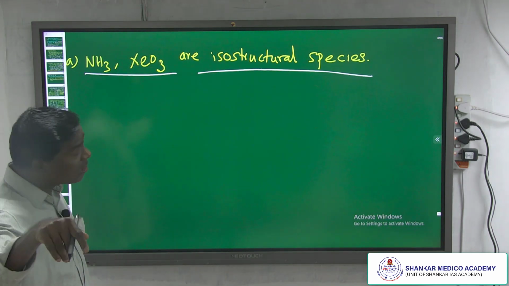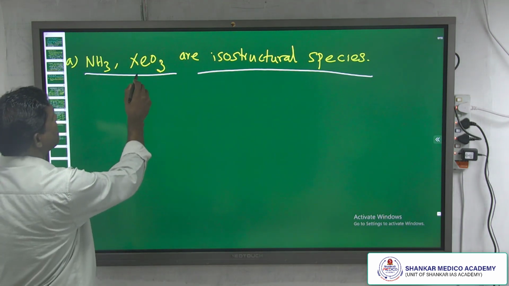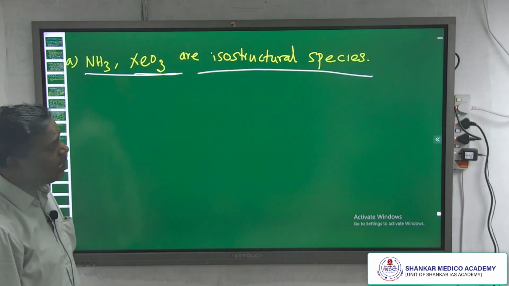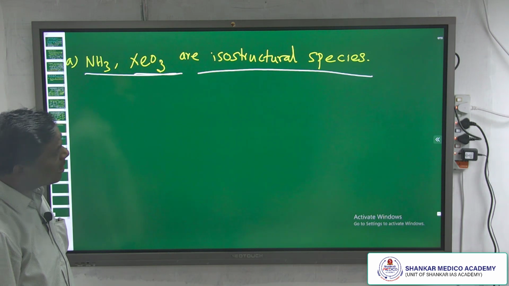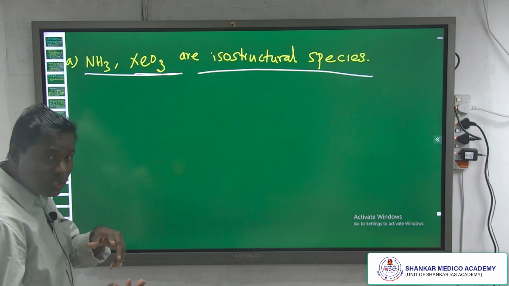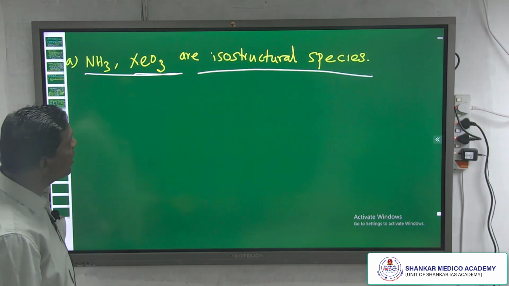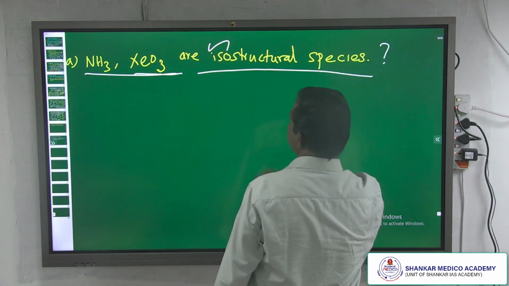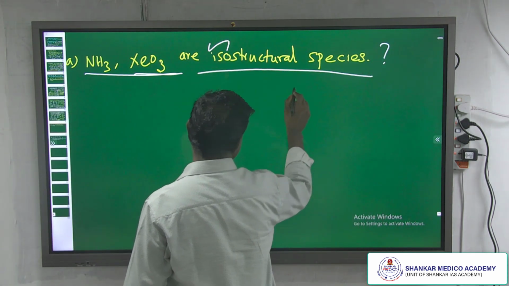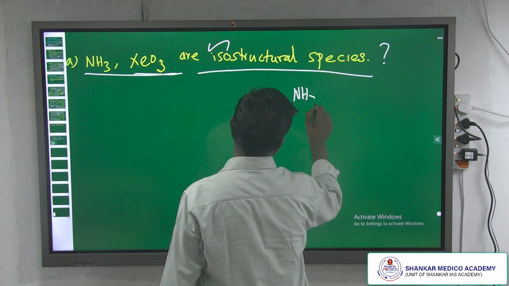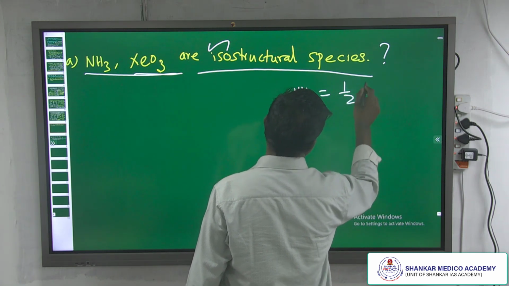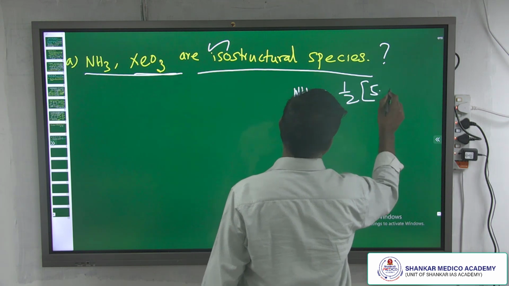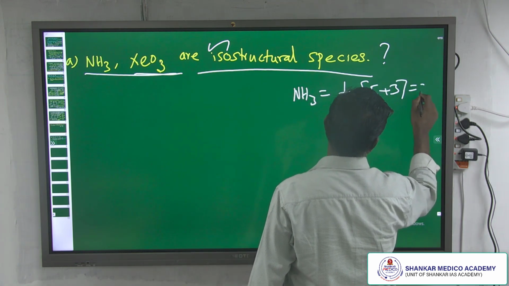Isospheres means electron also should be same, but xenon is a very heavier atom. Definitely, it will not come under isostructural, isosphere as well as isoelectronic, but we have to check whether really isostructural species or not. Of course, already NH3 we know that it is 1 by 2, 5 plus 3, that is sp3 hybridization.